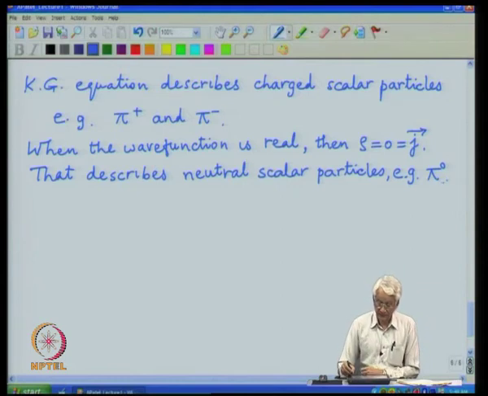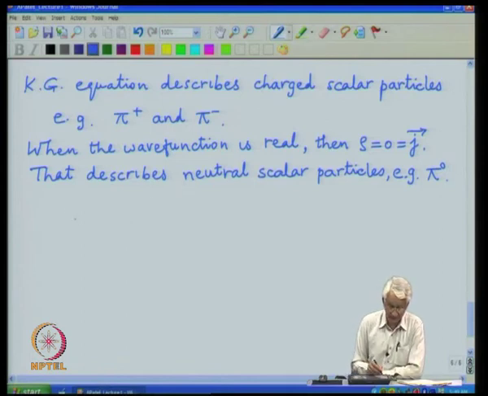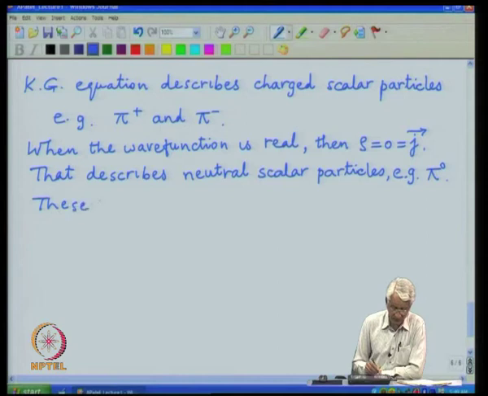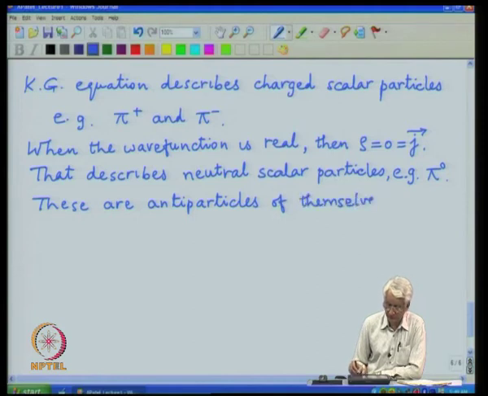Now, these neutral particles fall into a different category, and that is because the wave functions are real, and in particular one does not have to worry too much about the ambiguity of the particle and antiparticle, because there is no opposite values of charge over here, and one can rephrase that thing slightly differently, that these neutral particles are their own antiparticles.